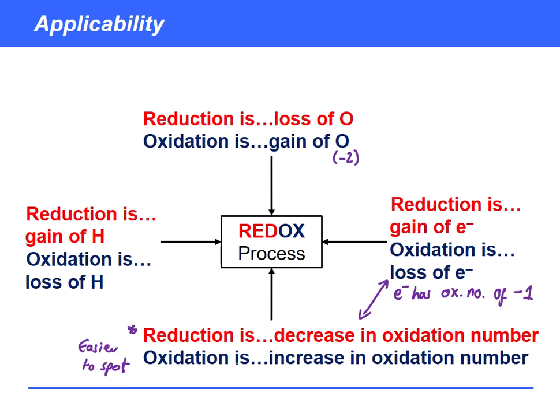And therefore, oxidation will result in an increase in oxidation number. Now conversely, if you gain hydrogen, hydrogen has an oxidation number of +1. And therefore anything that's bonded to hydrogen will have to decrease its oxidation number, and therefore reduction is a decrease in oxidation number.